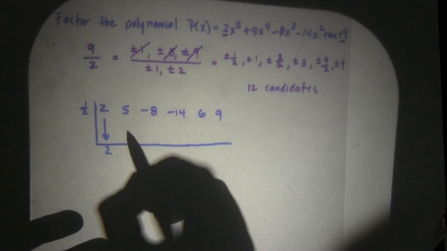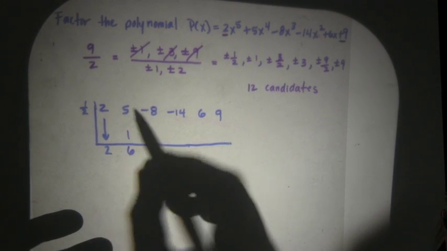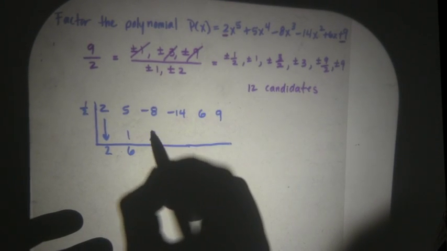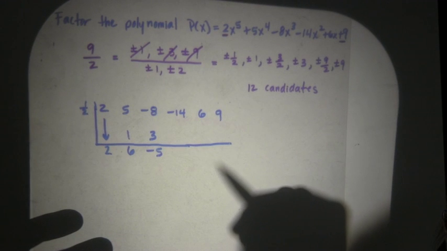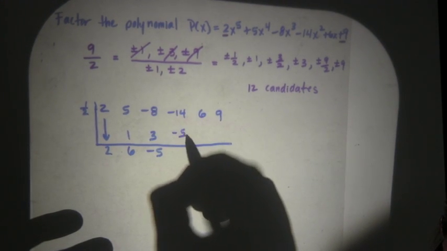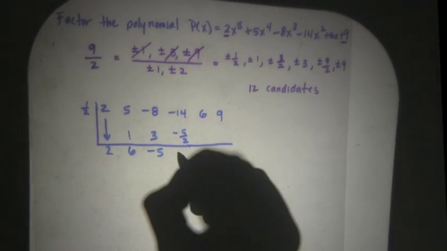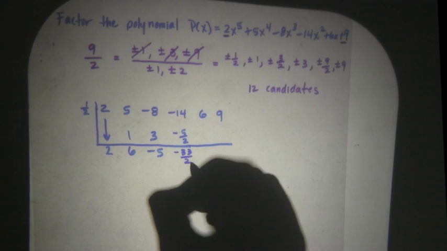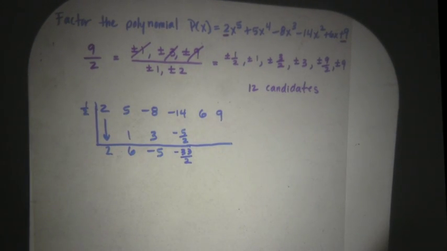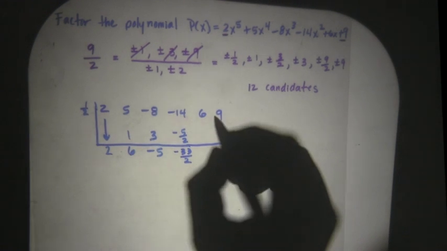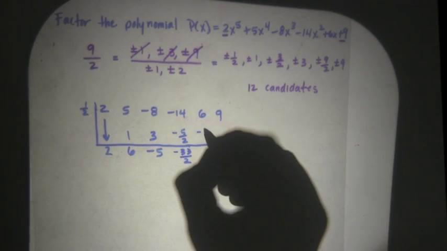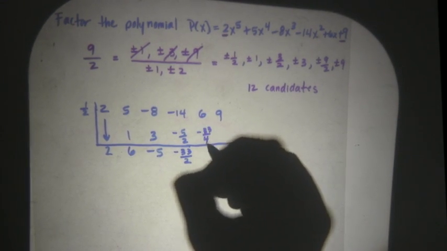2 times 1/2 is 1. 5 plus 1 is 6. 6 times 1/2 is 3. Negative 8 plus 3 is negative 5. Negative 5 times 1/2 is negative 5 halves. And negative 5 halves plus negative 14 is negative 33 halves. And again, if you don't believe me, you can check your calculators. Negative 33 halves times 1/2 will give us negative 33 over 4.